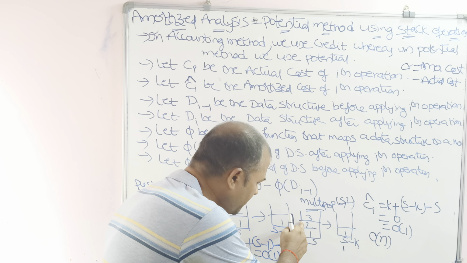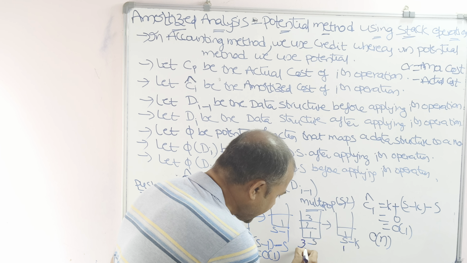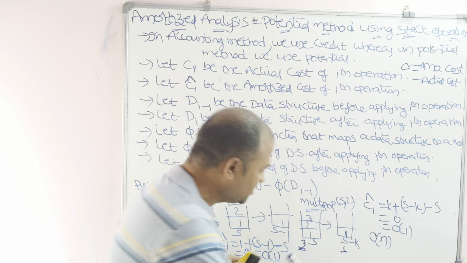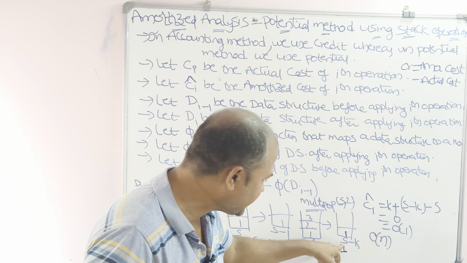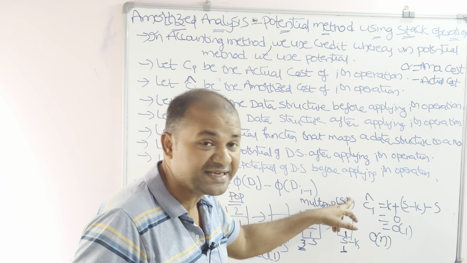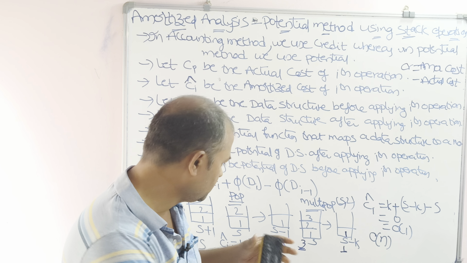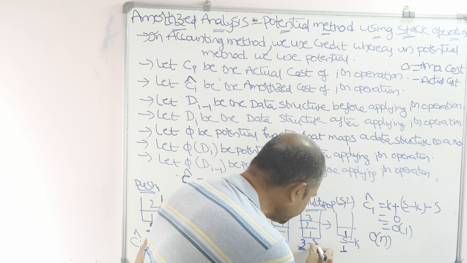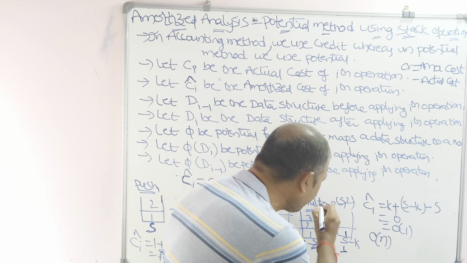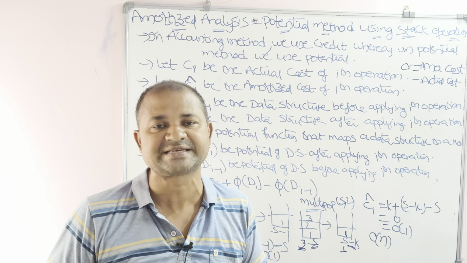So 3 and 2 will be popped, and now the stack is containing only 1 element. We can write the state of the stack as s minus k. Here s means 3, and k value is 2, so 3 minus 2 is nothing but 1. So before applying the multi-pop operation, if the stack contains s elements, then after performing multi-pop of s comma k, the stack will contain s minus k elements.